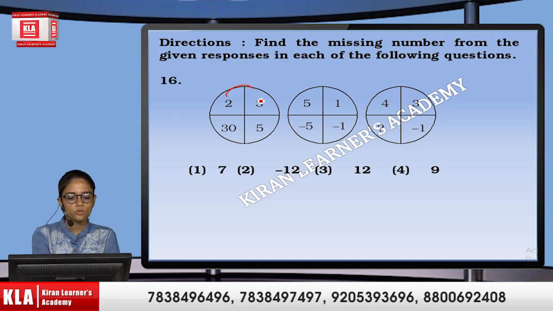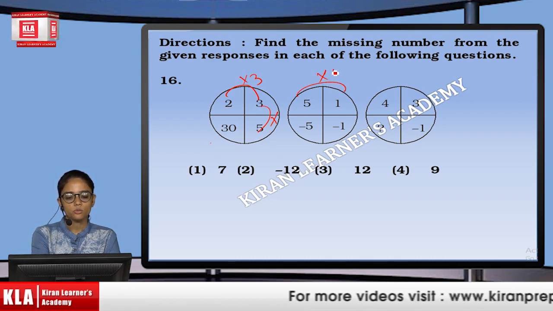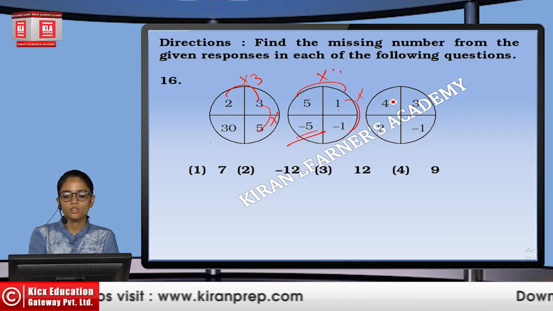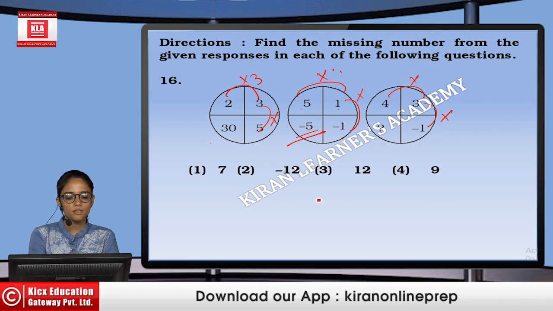Next, 2 into 3, 6 into 5 will give you 30. 5 into minus 1, that will give you minus 5. Similarly, 4 into 3, 12. 12 into minus 1 will be minus 12.